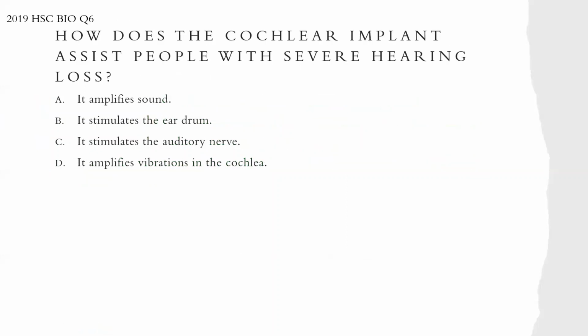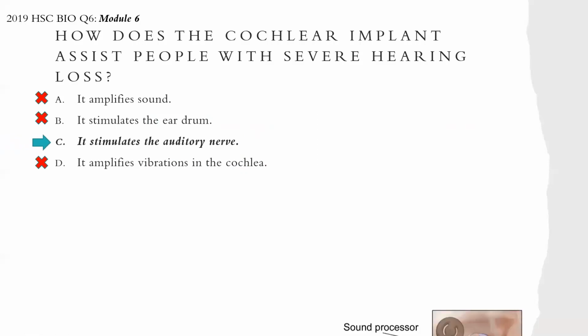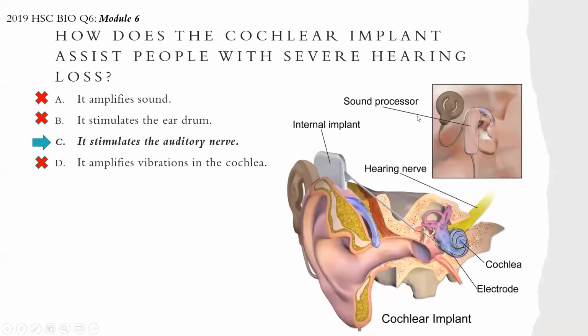The next up, we're looking at how the cochlear implant assists people with severe hearing loss. So for this question, you have to actually have an understanding of how the cochlear implant works. So essentially what the cochlear implant does is it will stimulate the auditory nerve. So we know it's not going to be any of these. So with the cochlear implant, you have an internal implant.